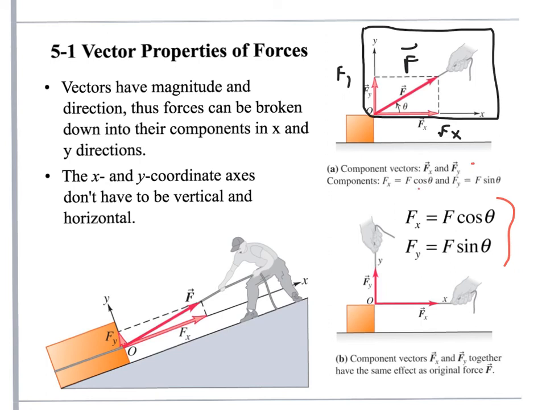So we have our component vectors, F of x and F of y, and then the trigonometric relationship. When we look at this relationship here, that's the resultant force. It's called a resultant force because if you pulled in the x direction and pulled in the y direction simultaneously, you're going to see that force go that way. And we'll see in a little bit the acceleration too, that we looked at in the last slide, but we'll get more into acceleration when we look at Newton's laws.